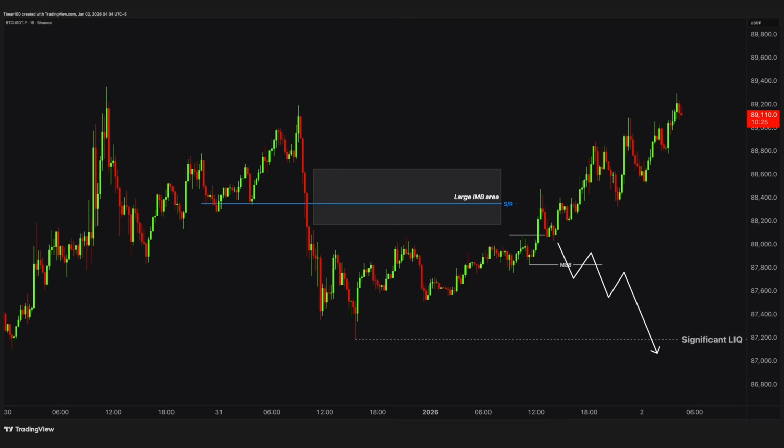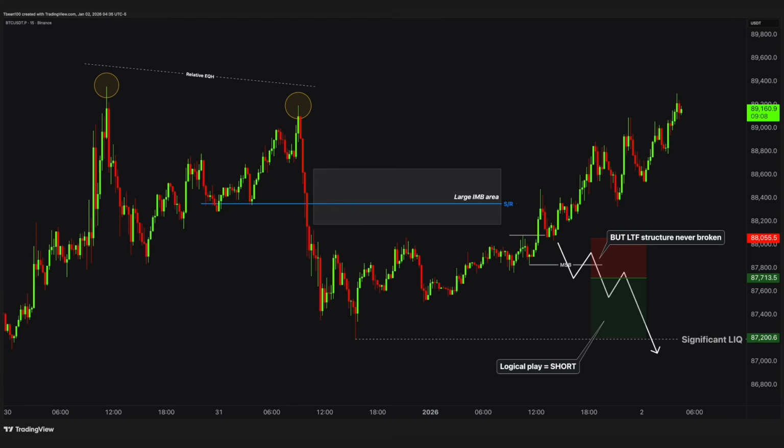But that actually never happened because the lower structure, as you can see here, was never broken at all. If I had seen strong breaks downwards followed by a couple of structure breaks, this could have been a great short opportunity.